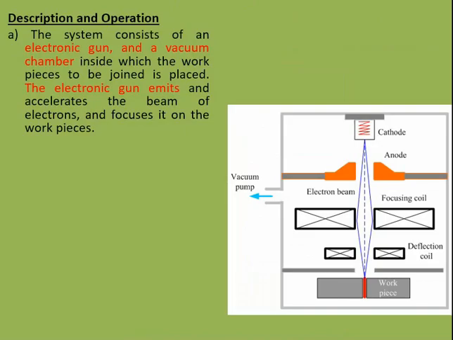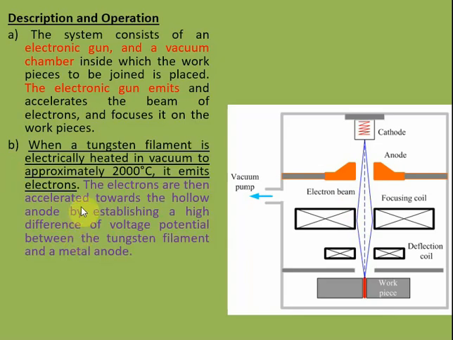The system consists of one electron gun which generates the electron beam, and related accessories including the workpiece, and the entire system is kept inside a vacuum chamber. So the system is working in vacuum. The electron gun or the electron generator is a tungsten filament.